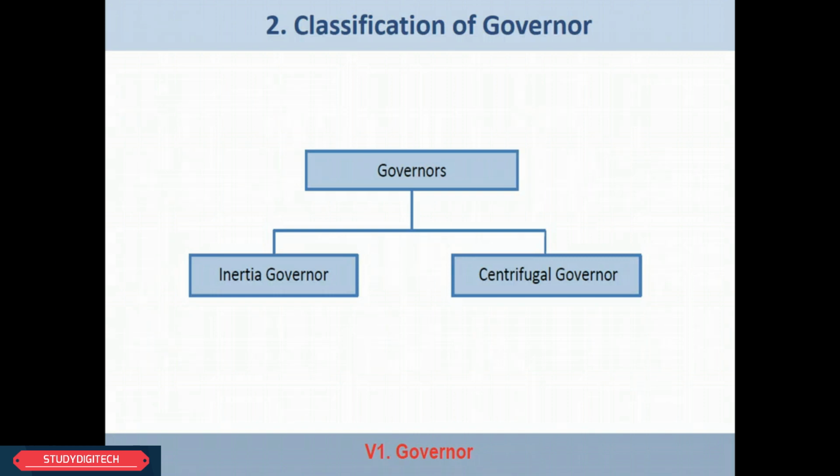In simple words, in an inertia governor, centrifugal force as well as inertia force are in action. These governors are highly sensitive to varying loads, so they are quick in response.